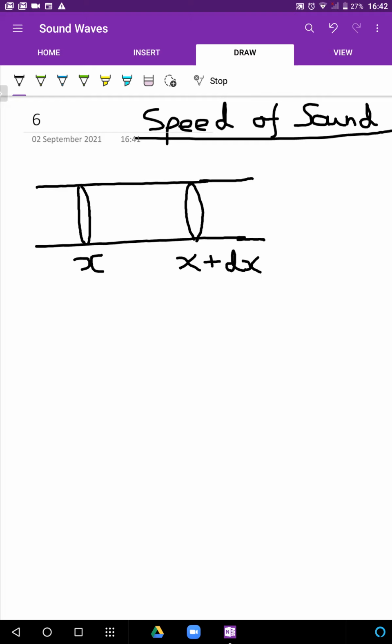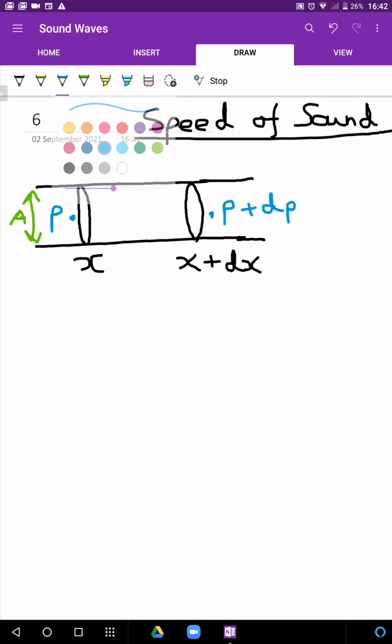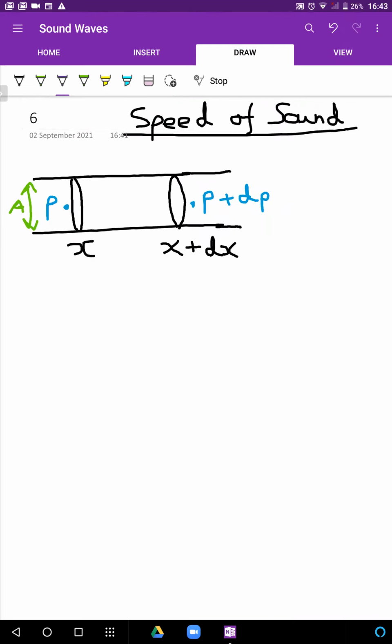Let's take the pressure over here as P. We now know how pressure changes with x. Let's take the pressure just outside that point as P plus dP. Okay. And let's keep our cross-sectional area as A. Now, with all of this, let's just even write our displacement and our pressure equations.